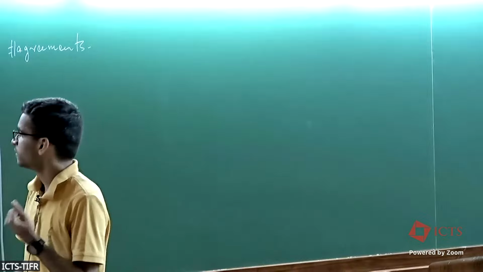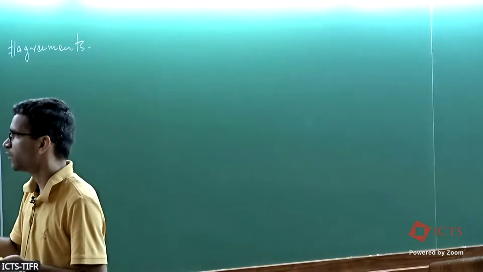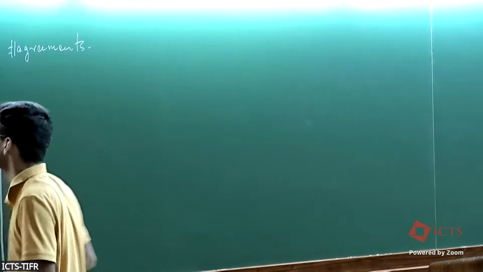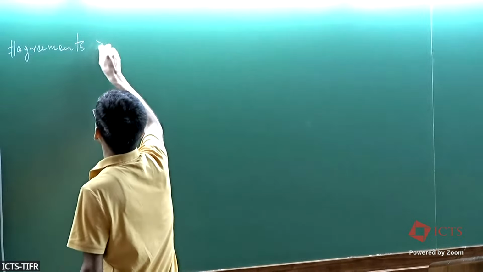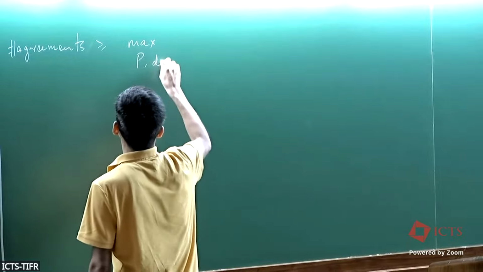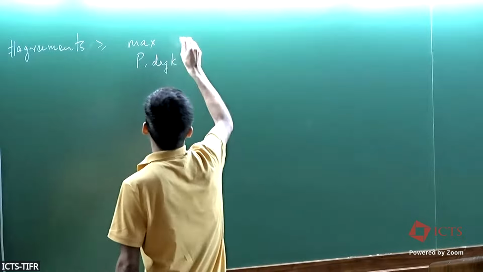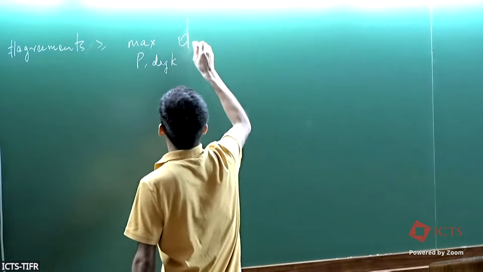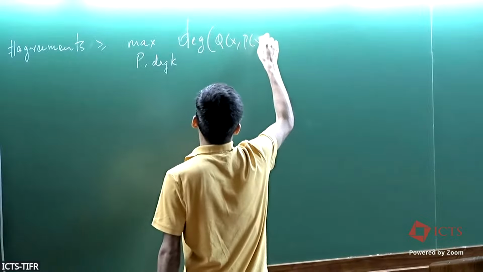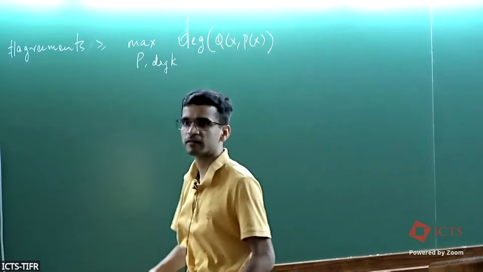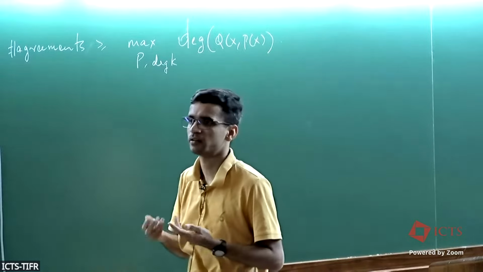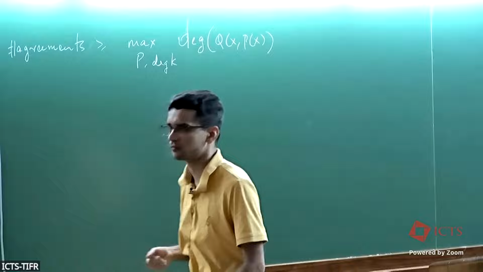So the constraint on the number of agreements came from the degree of Q of x comma P of x, right? The number of agreements needed to be at least the max over all P of degree k of the degree of Q of x comma P of x. This is where the number of agreements came out of.